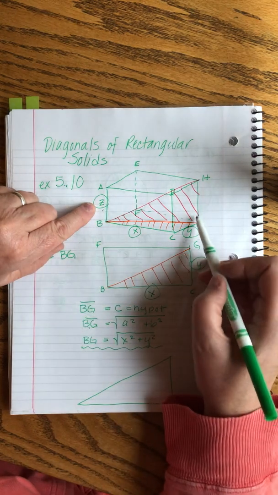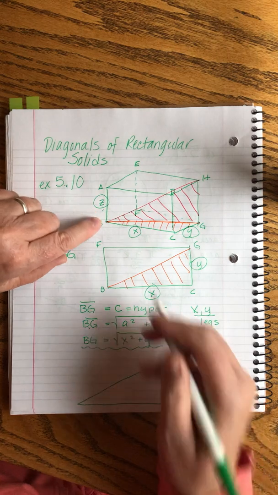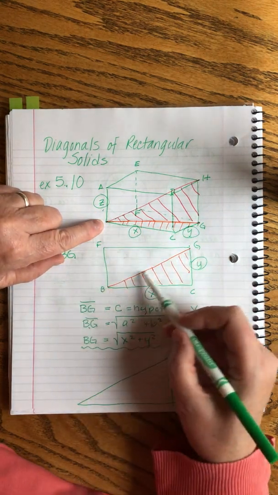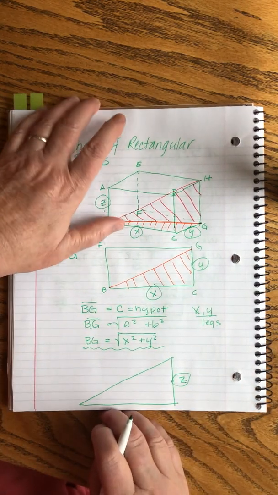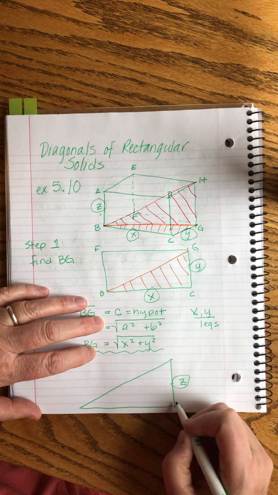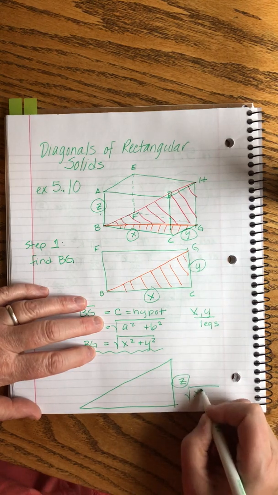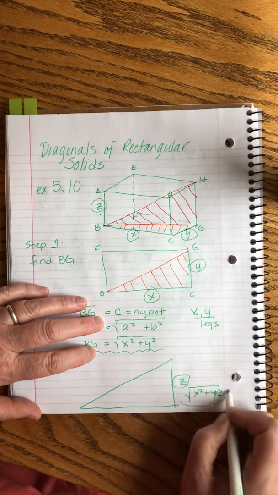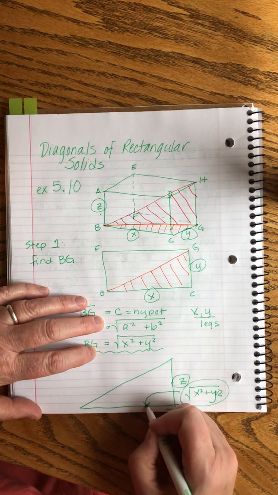We have it written on this side, but it would be the same right here. So this is Z. And this line along the bottom is this BG, which we just found out. So this, oh, I don't really have space to write it. I'll write it over here. This is the square root of X squared plus Y squared. That is this. Here, I'll write it this way. This dimension.